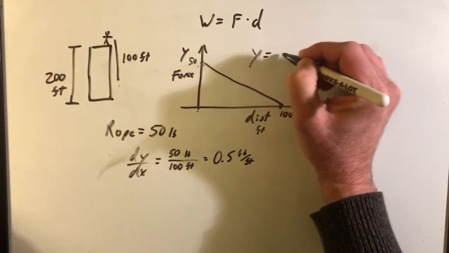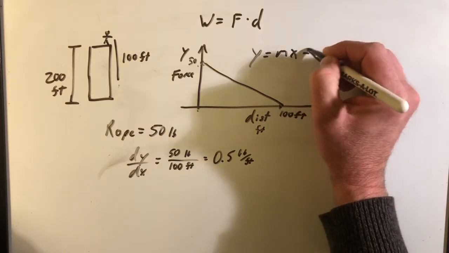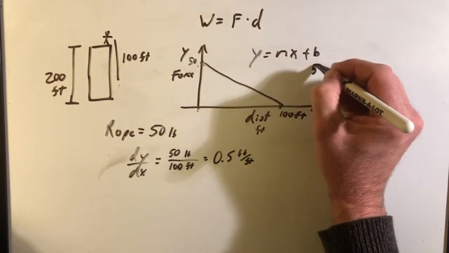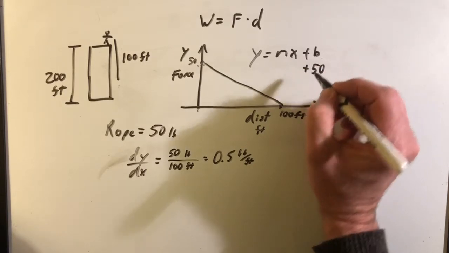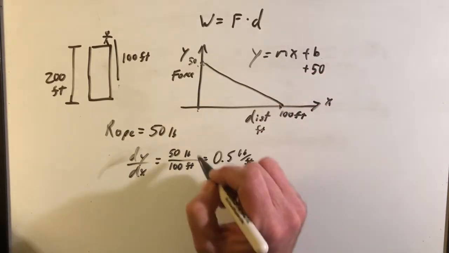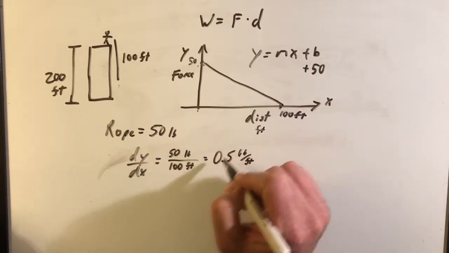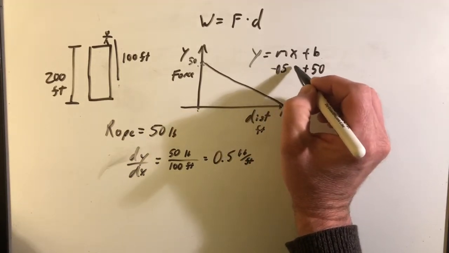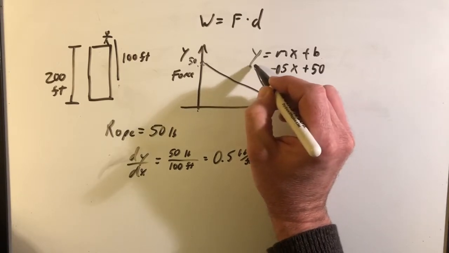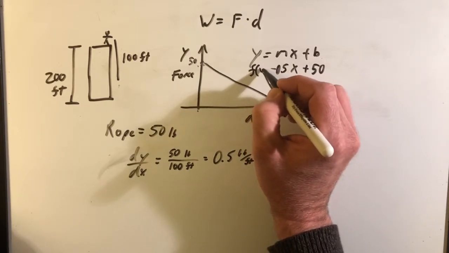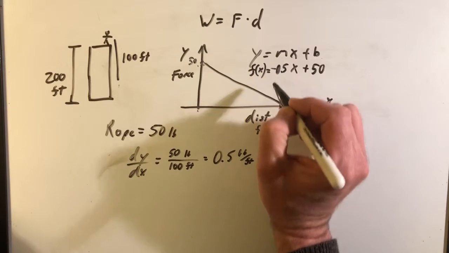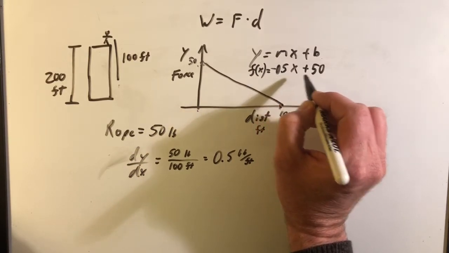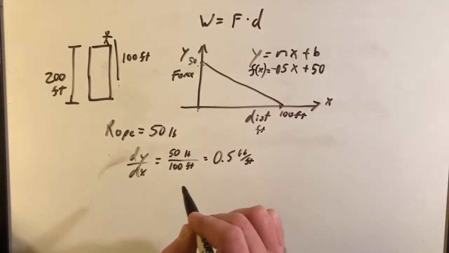That is just a simple linear equation of a line. Remember, y equals mx plus b. Well, b is 50, and my slope, since it's negative, is negative 0.5. So instead of y, I'll say f of x equals negative 0.5x plus 50.